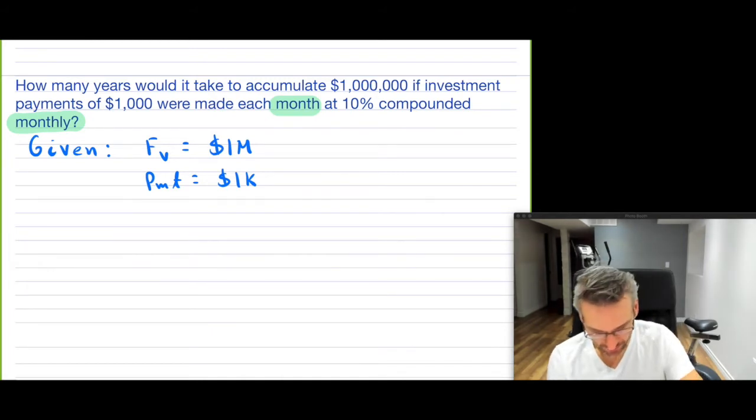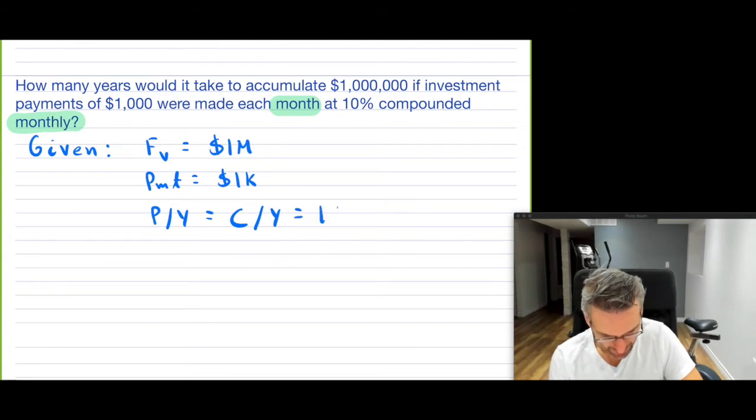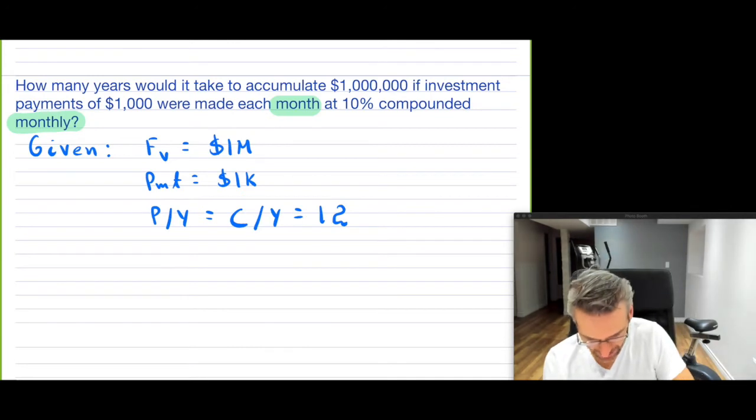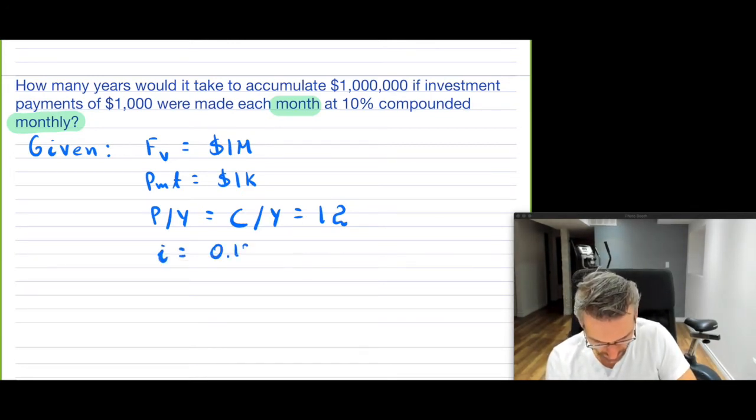So with that information, you know that your payments per year are equal to the compounding per year, and it's monthly, so it would have been 12. All right, so that means that our interest, I, is 10% there, so 0.10 divided by 12.